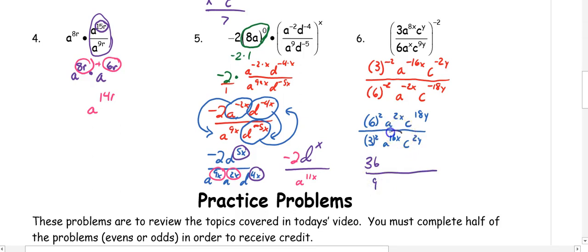Then a, the 16 is larger, so that's going to go on the bottom, so we have 16x minus 2x. C, the larger exponent is in the numerator, so we have 18y minus 2y.